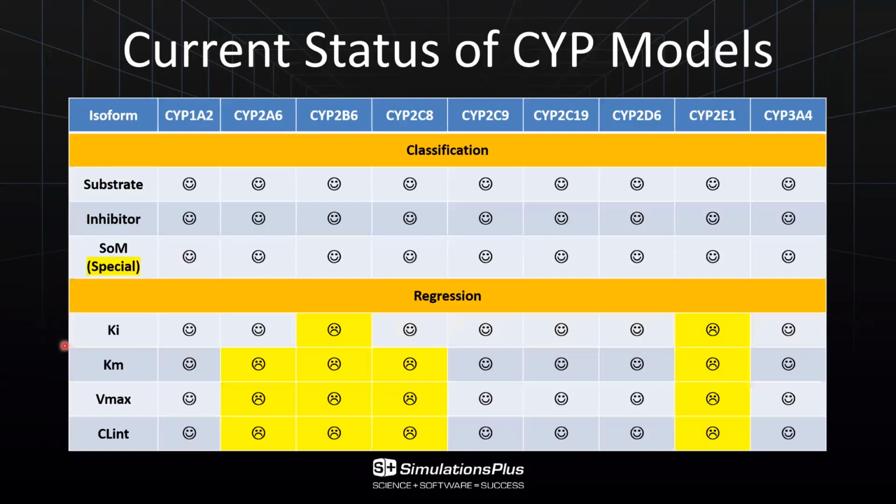And then for the quantitative regression models, the new Ki models, as well as Km, Vmax, and intrinsic clearance. The yellow indicates the missing models, which are for minor SIPs, where we were not able to obtain enough high quality data. For the models that we do have, the performance statistics and descriptions of the data and curation protocols are all contained in the user manual.